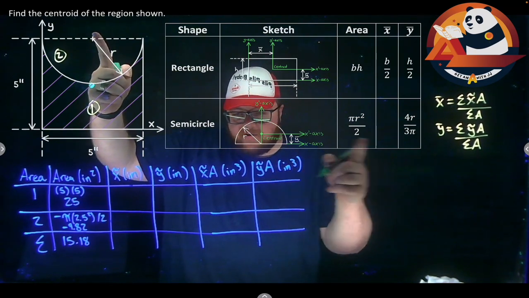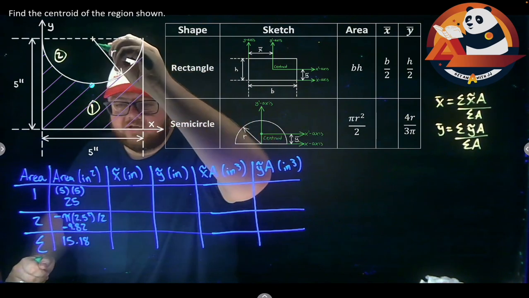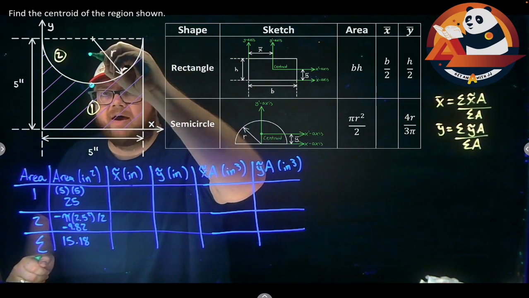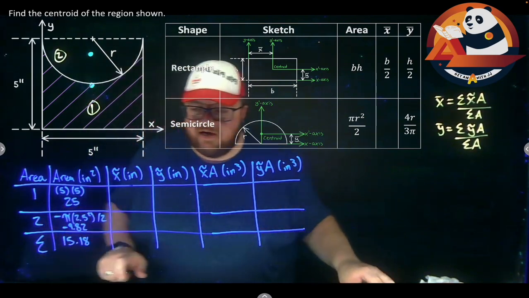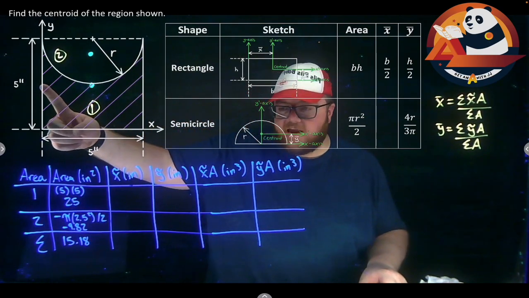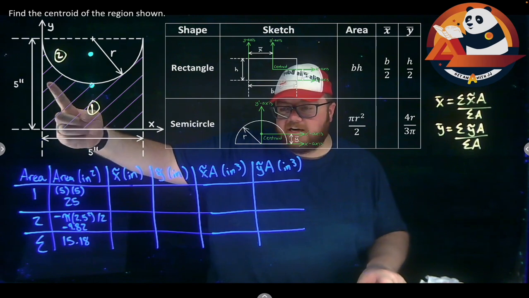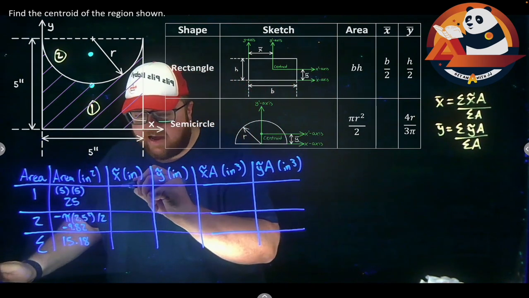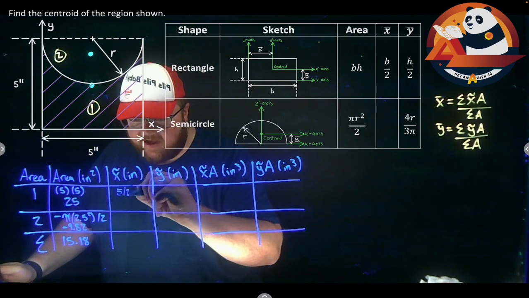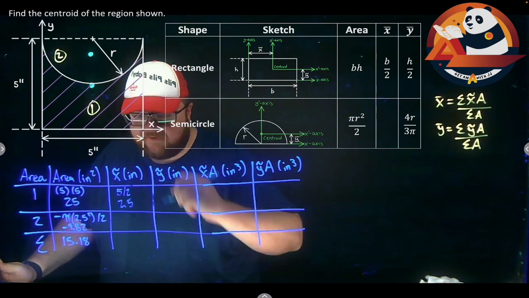It should be y bar equals 4r over 3 pi, so we come down 4r over 3 pi, somewhere around right there for our second shape. We need the distance from the y-axis to there for each of these. For the rectangle, that's halfway in, 5 halves, which is 2.5.